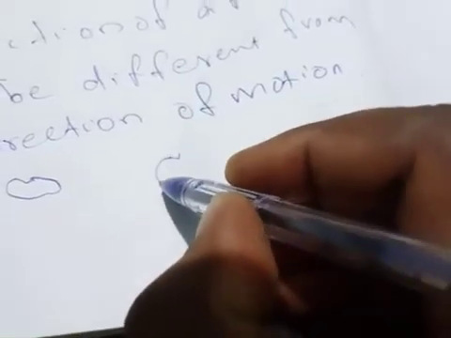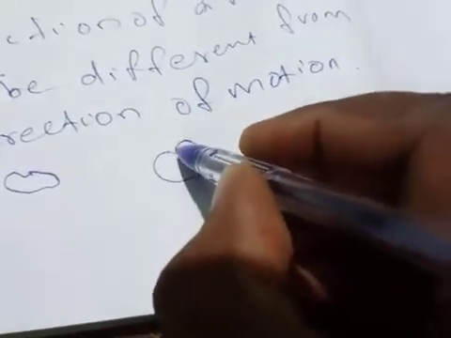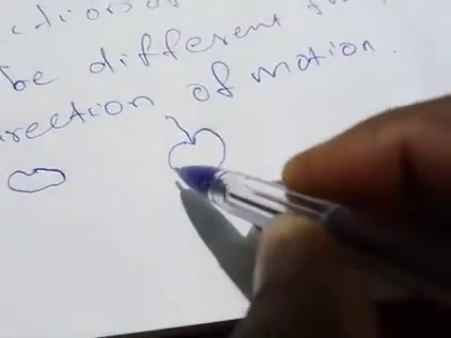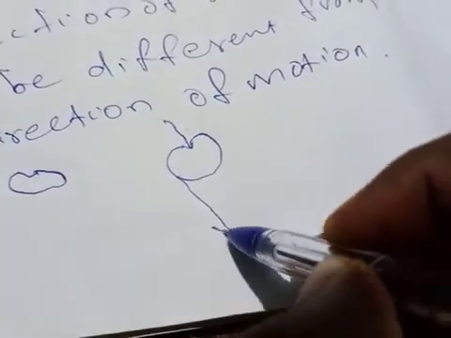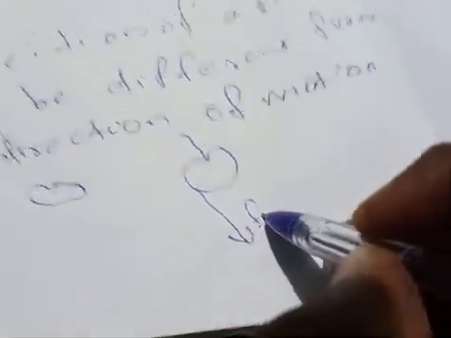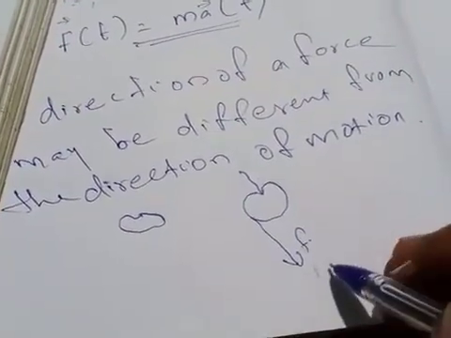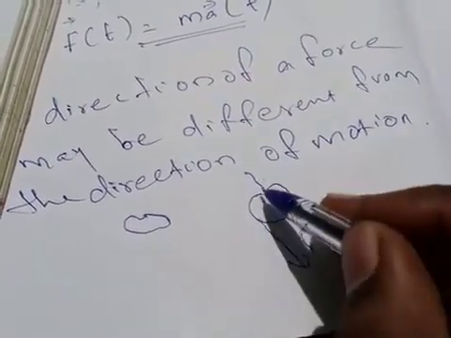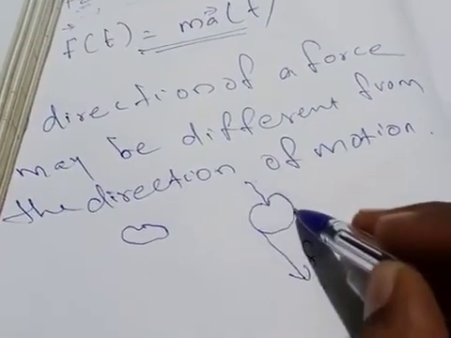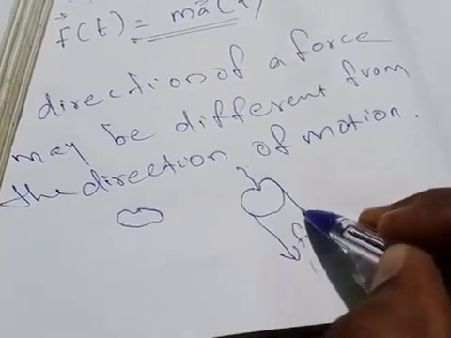Assume that one apple is there. When it is on the tree, there is a downward gravitational force acting on this apple. For any object, gravitational force is acting downward. Once this apple falls from the tree, it experiences a downward force, isn't it?